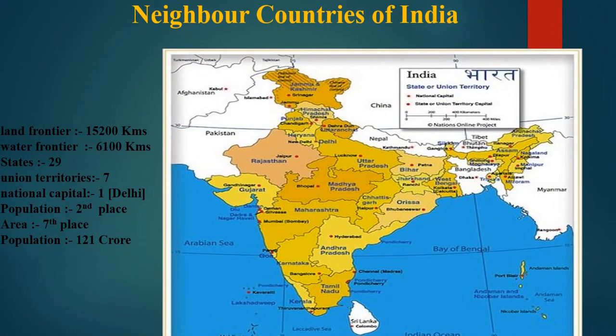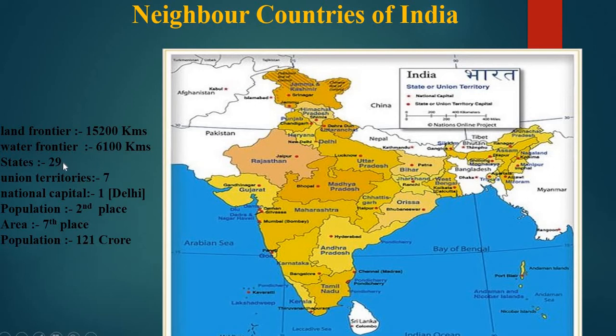And here see the neighboring countries of India: Pakistan, China, Nepal, Bhutan, Bangladesh, Myanmar. You can see here, students, the neighboring countries of India. The land frontier is 15,200 kilometers. The water frontier is 6,100 kilometers.